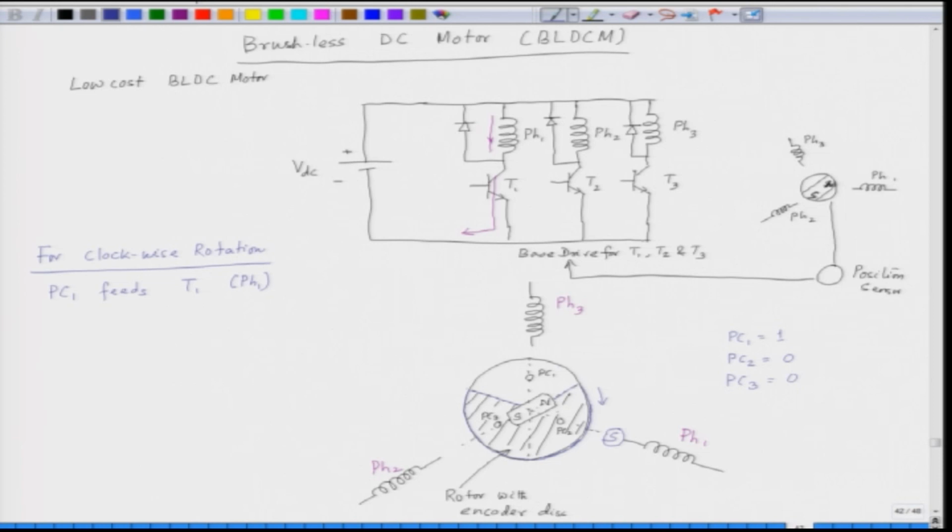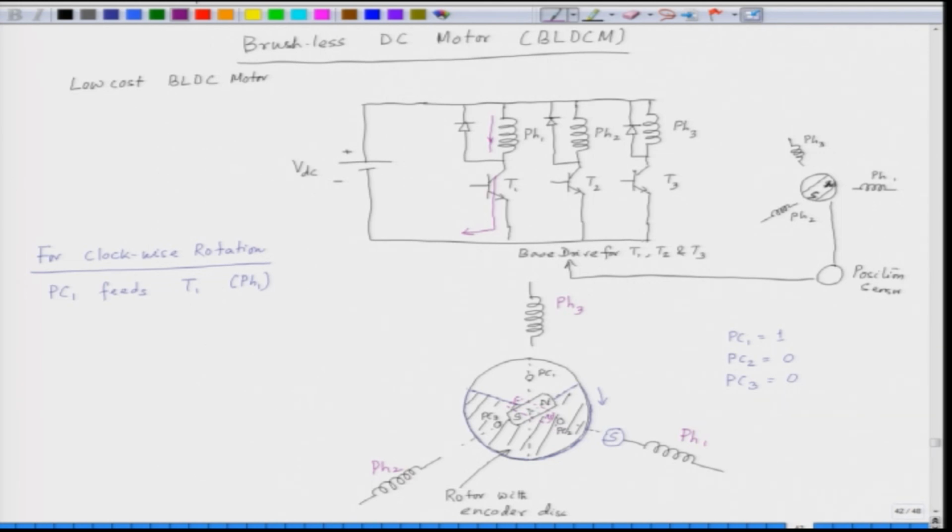After some time, PC1 will be covered and PC2 will be uncovered. When PC2 is uncovered, the magnet would lie along this position. This will be the north pole and this will be the south pole. Under that condition, phase 2 has to be energized by PC2.